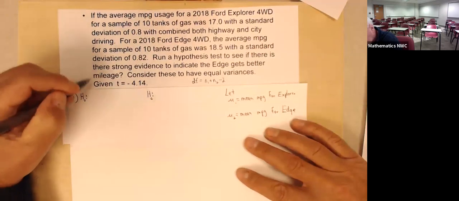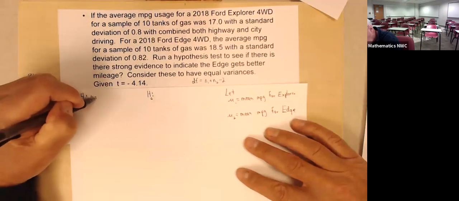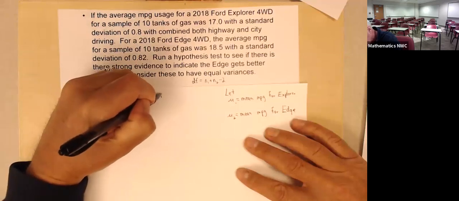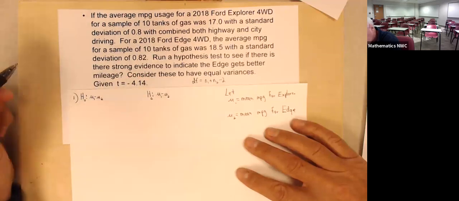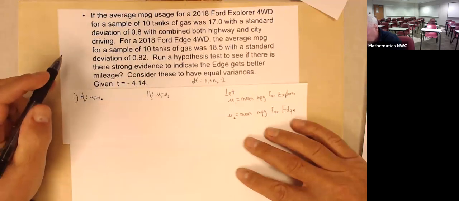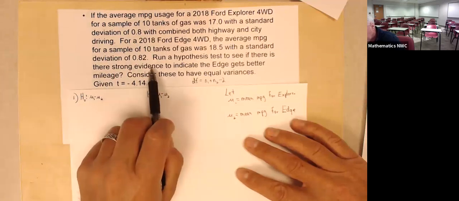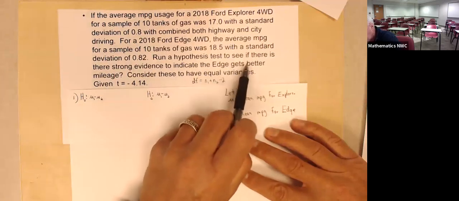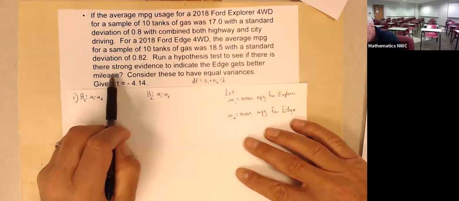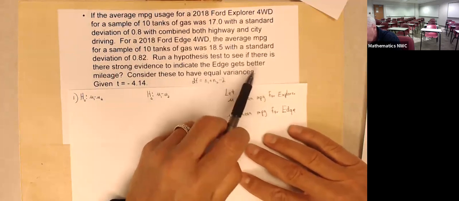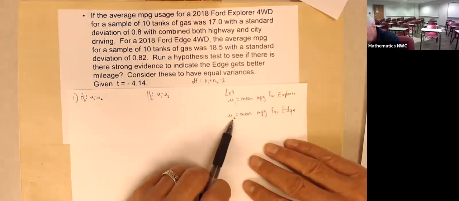Let's determine now, first of all, both of them will be describing a difference. Let's see if it's two tailed or single tailed. Notice I'm looking to see if there's evidence to indicate that the Edge gets better mileage. Better is not like, is it the same? But we're asking, is the Edge better? That's a single tailed test. The Edge is the second one.